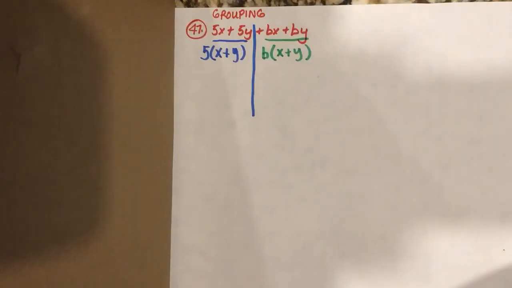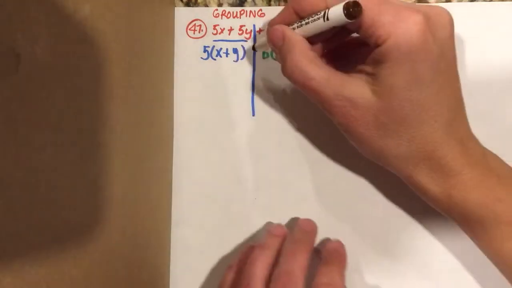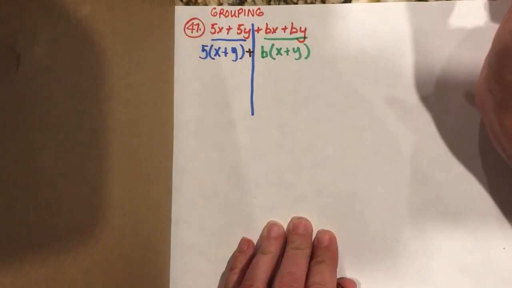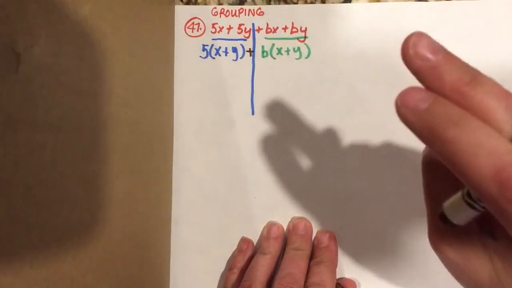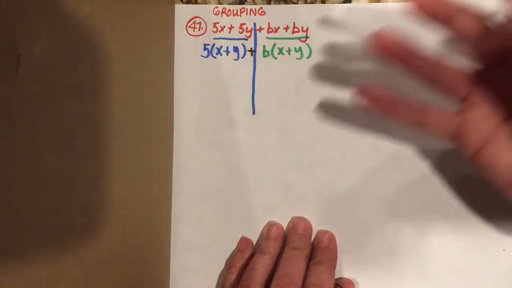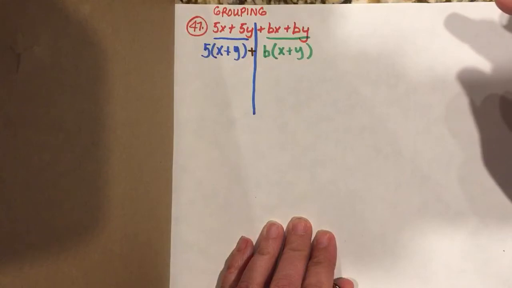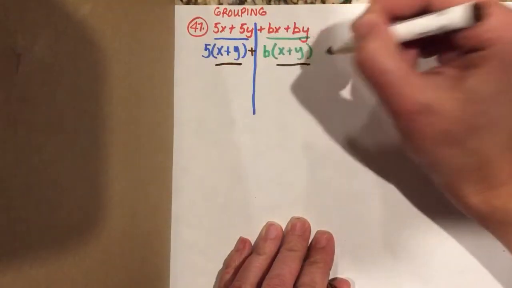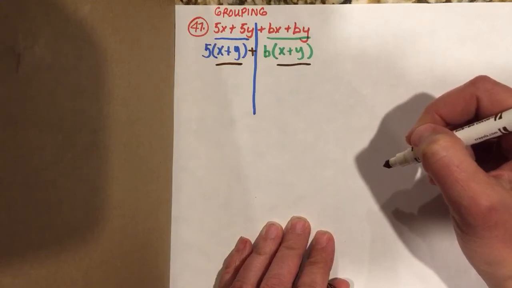So where does this get us from here? Once we have these factored, we can look at this as a whole. There's a plus sign there. Now I do have a greatest common factor between the two factored expressions I've created. What do these two have in common? They both have x plus y.